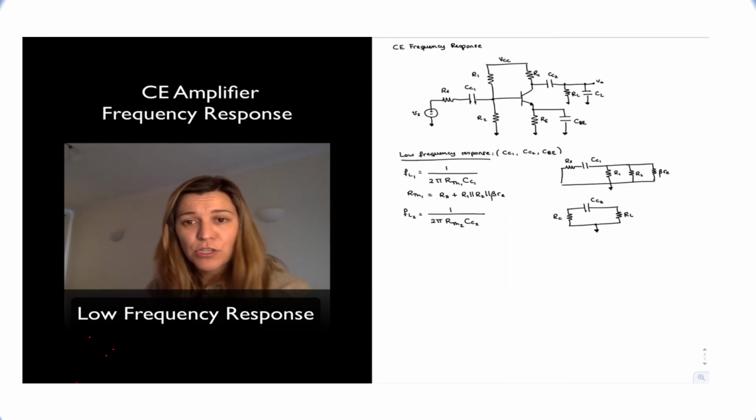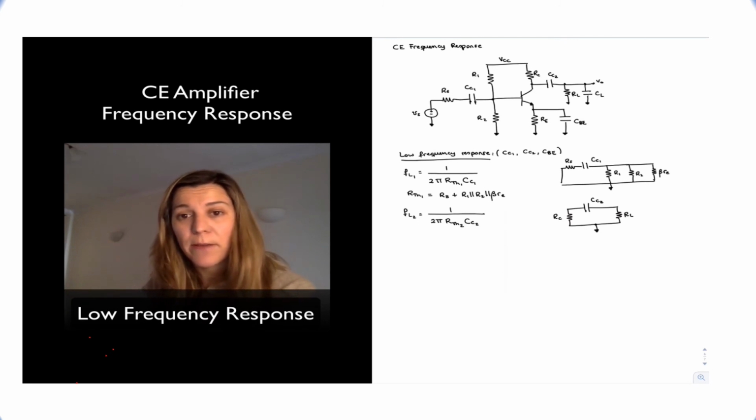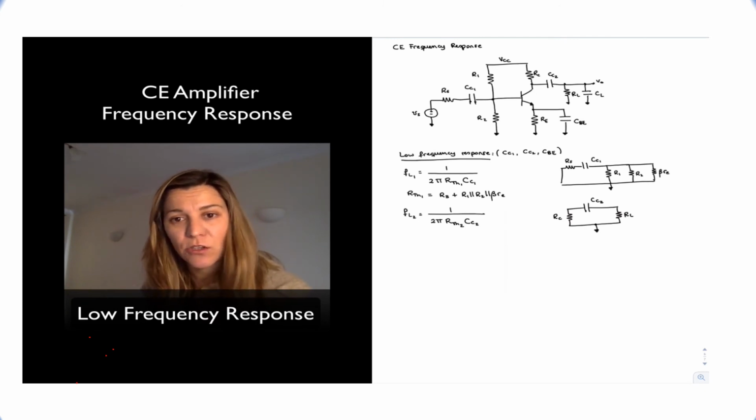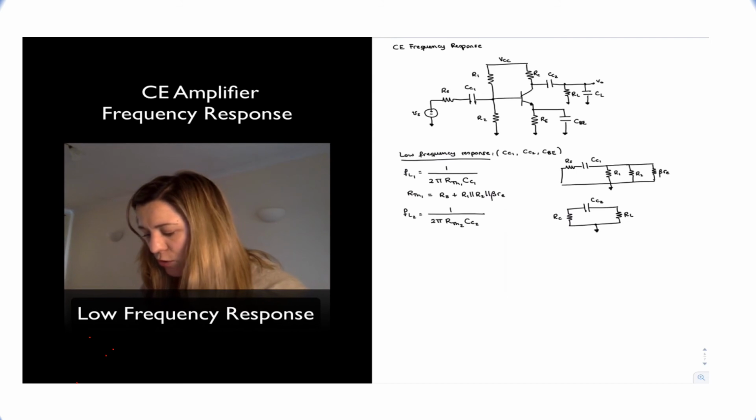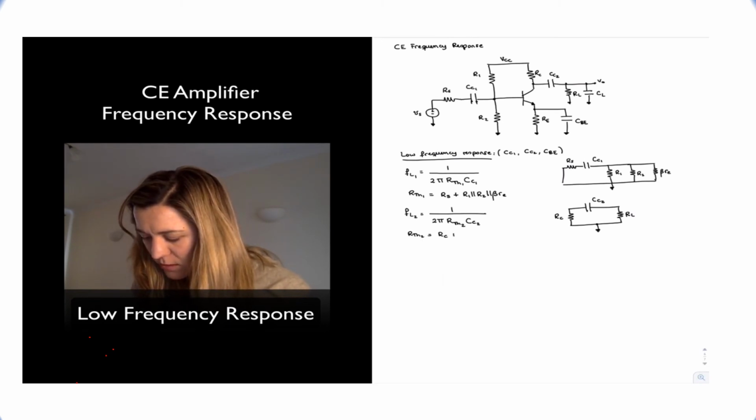I'm not going to consider my load capacitance in this case because that's going to play a role in the high frequency response of my circuit, not the low frequency response. So I'm just going to ignore it for now. Assume it's an open circuit. So this will give me R Thevenin 2, which is going to be RC plus RL.